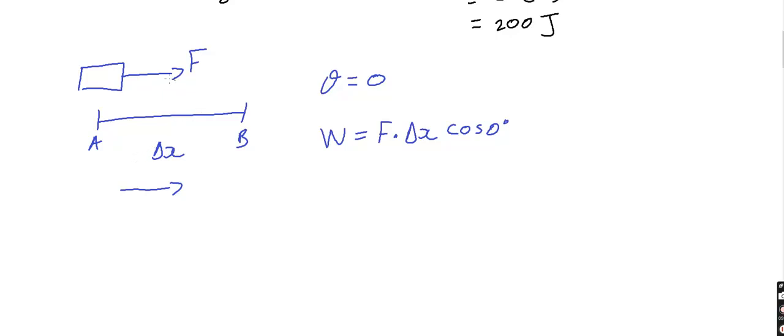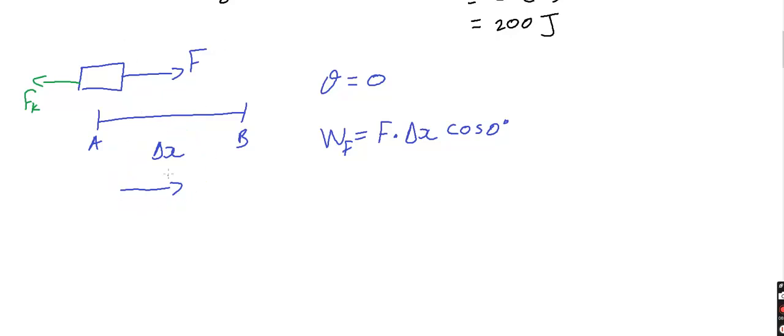Okay? But let's suppose that we are also experiencing the application of friction on this object. So let's say friction is this green one. Let's call it kinetic friction. Now kinetic friction is pointing in the direction that opposes the direction of displacement.